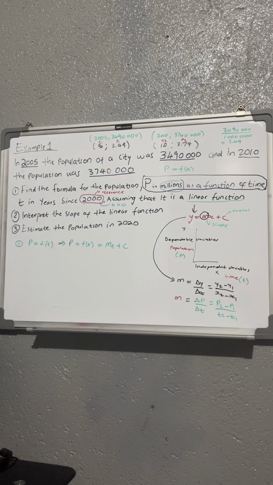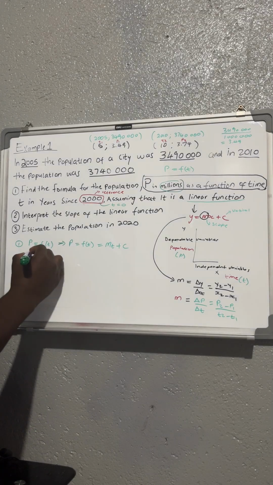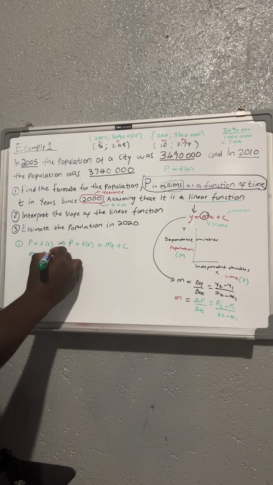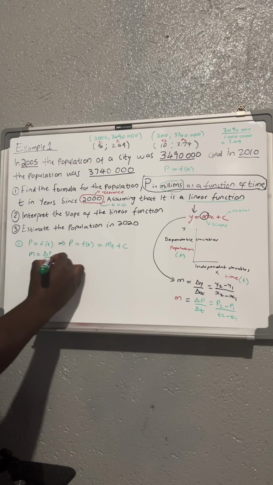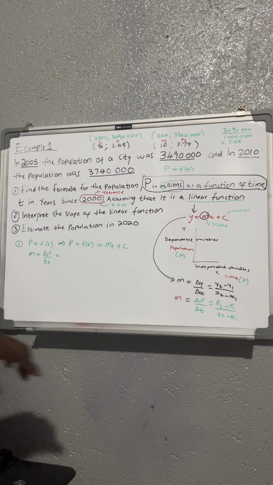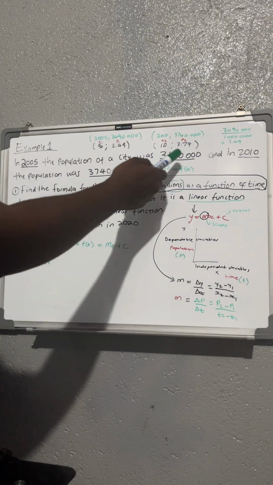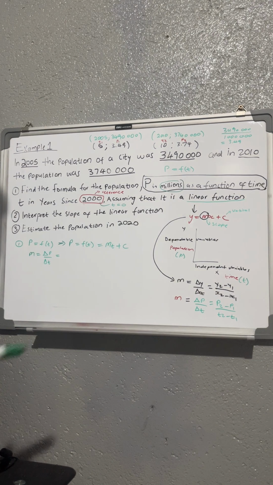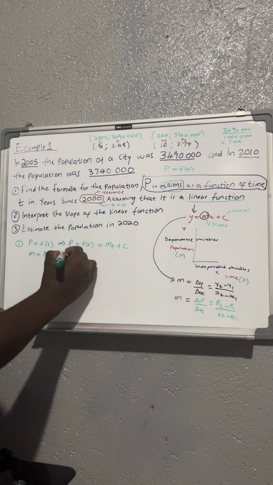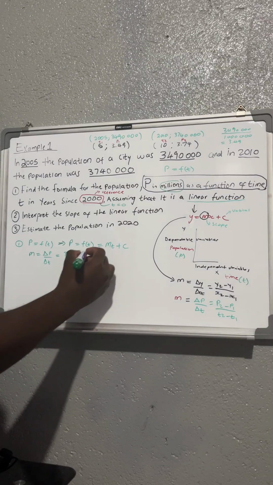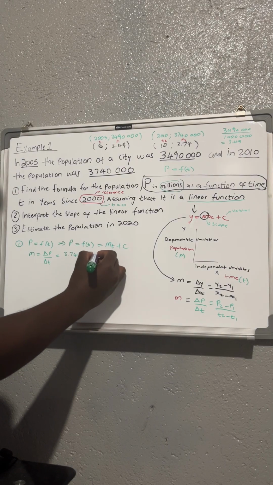So now we will calculate our m. We said our m is change in population over change in time. And we've stated here that we're going to have P2 minus P1. Where's our P2? Our P2 is here, that's 3.74. We have 3.74 minus 3.49.